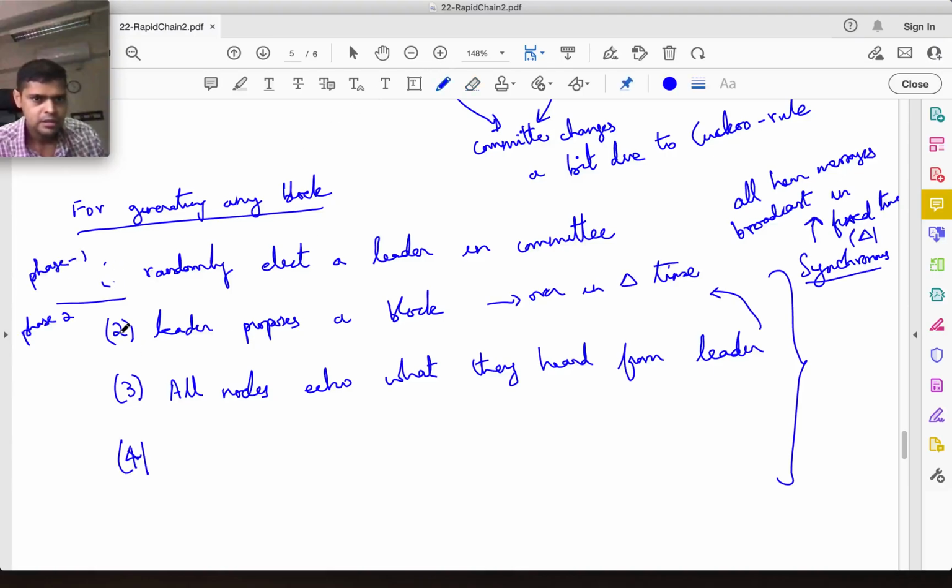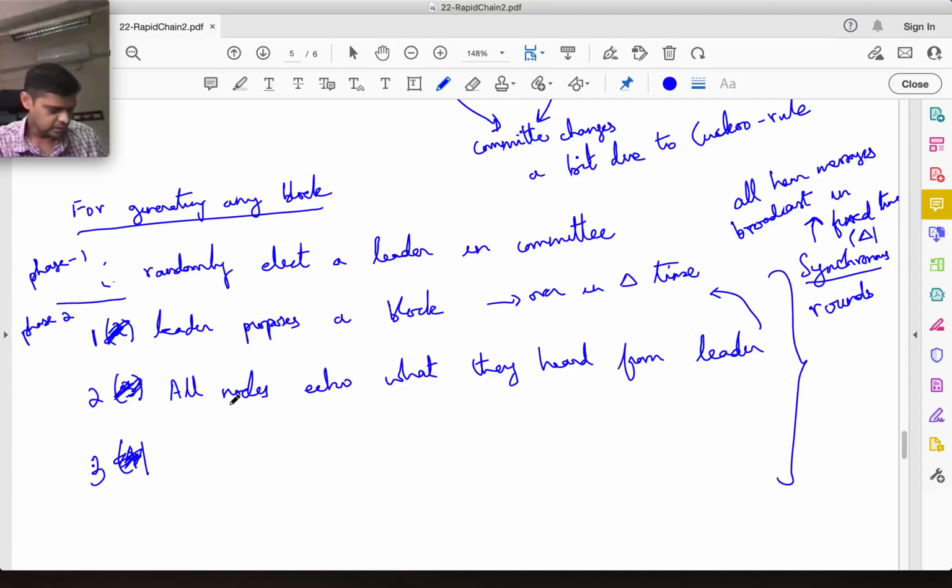So let's just rewrite this as 1, 2 and 3. Okay, so these are synchronous rounds. And this is round 1, round 2, round 3.